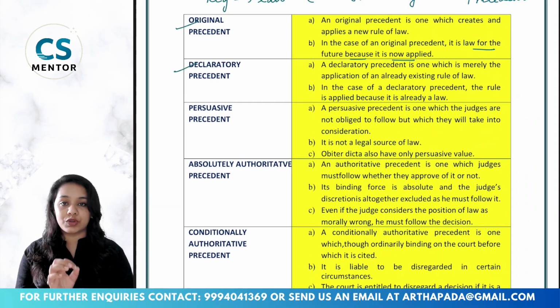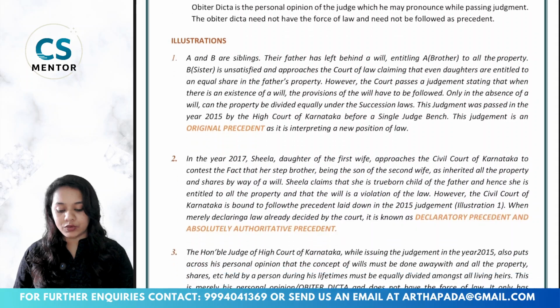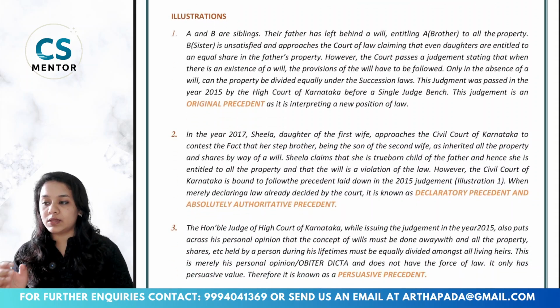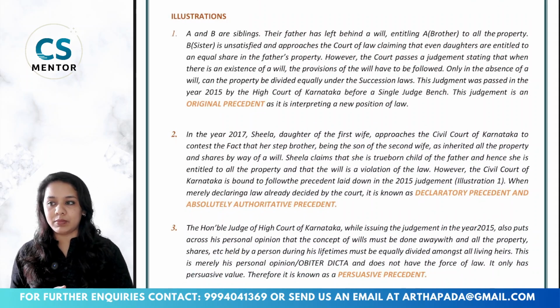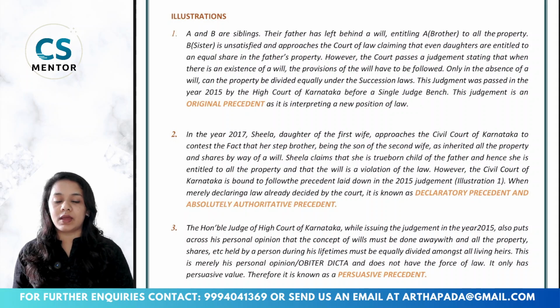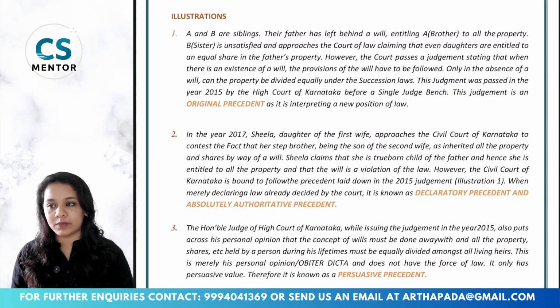Now, for both of these, we're going to look at an example, and I'd like you to read these illustrations with me. First, in this example, we have two siblings, A and B. Now, A and B, being siblings, their father has passed away and has left a will behind.